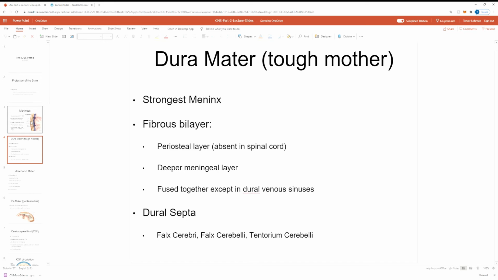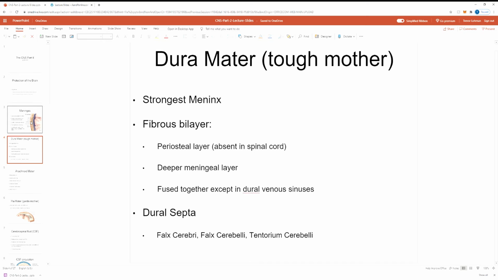And that heavily fibrous layer, called the periosteal layer, sorry, I didn't mention that earlier, is actually fused with the skull. It's a part of the periosteum within the skull. These are fused together in most places except for the dural sinuses.